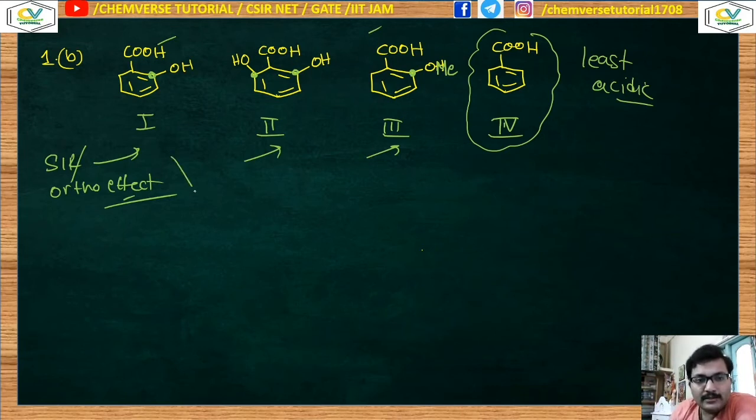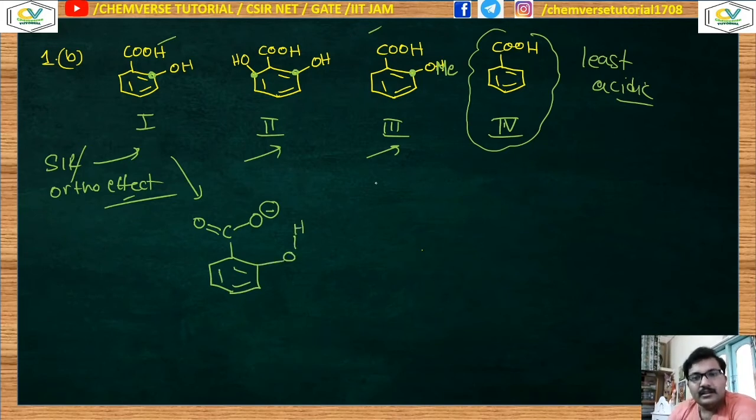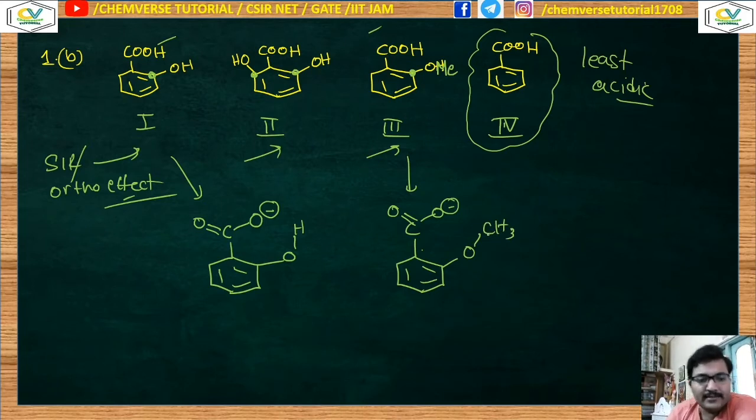So for 1, if I draw the conjugate base, it will look like this. There will be OH. Here, if I draw the conjugate base, it will be something like this, O minus, OCH3. Now I think you have already guessed what the answer will be. I have written it this way because look at this: hydrogen bonding is possible.